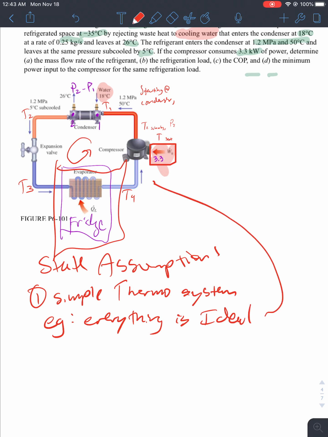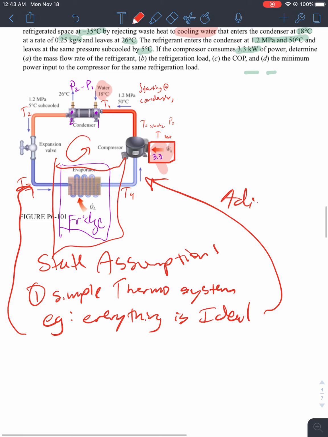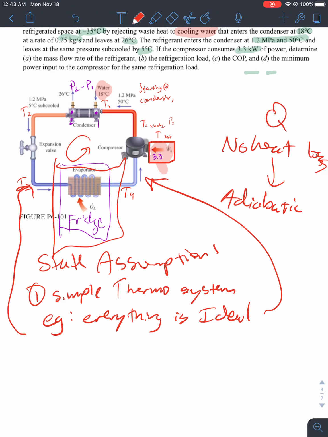Where thermal losses do not occur on the outside. I assume out there, just say it's adiabatic, meaning thermally insulated and no heat loss in these areas. Heat is Q, hooray.